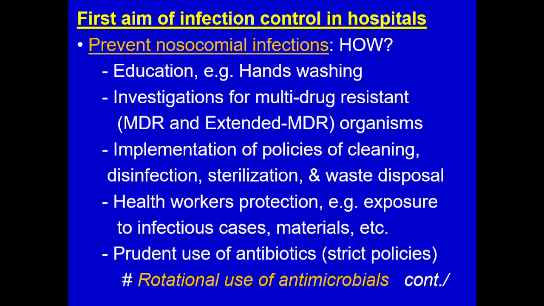Next month, they are going to change to other antibiotics. Sometimes they do the rotation every 2 weeks, even 1 week sometimes. So this rotational use of antimicrobial agents will decrease the possibility of developing resistant microbes.